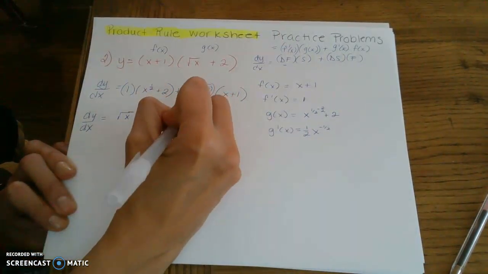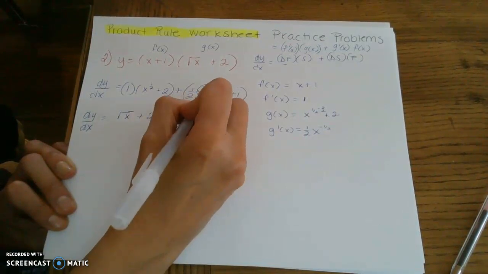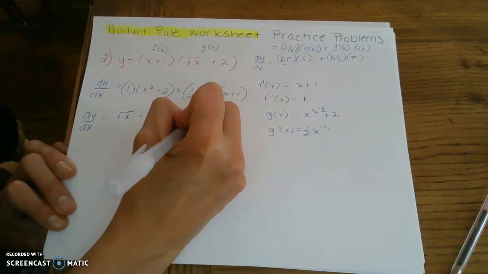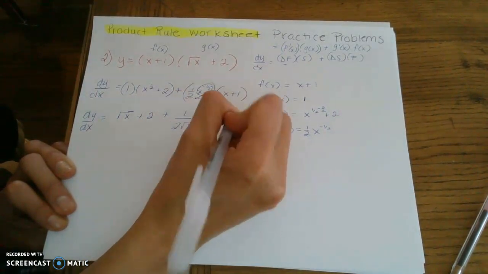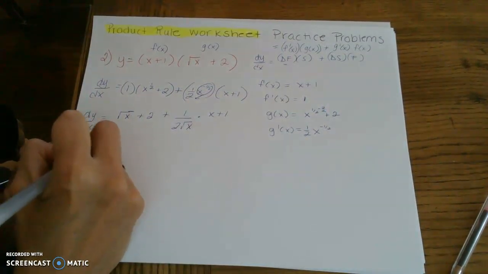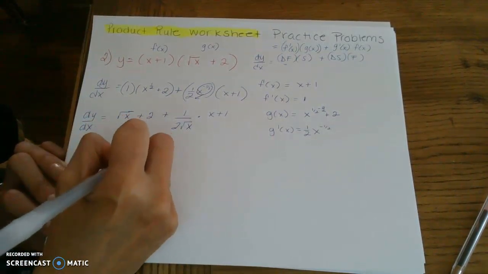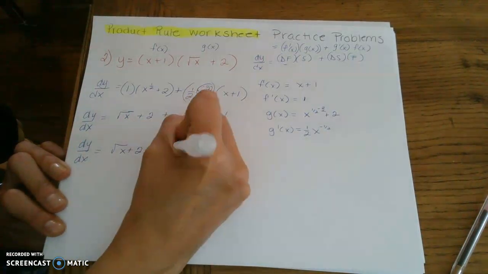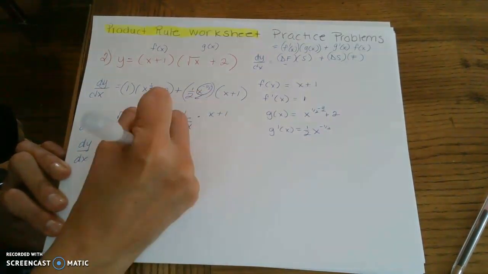So this is 1 over 2, and it becomes x to the 1/2. We drop that negative, which makes this a square root of x, times x plus 1. So again, cleaning it up, dy dx is equal to the square root of x plus 2 plus x plus 1 over 2 rad x.